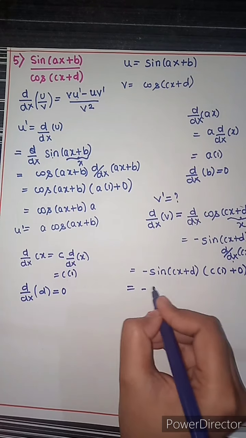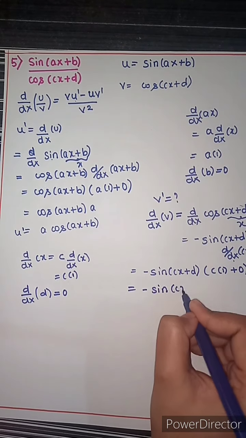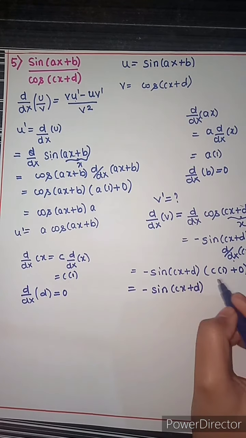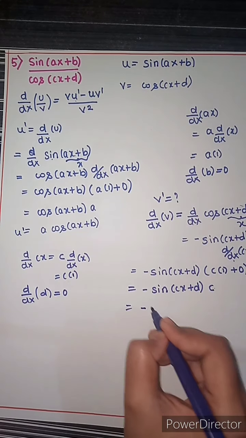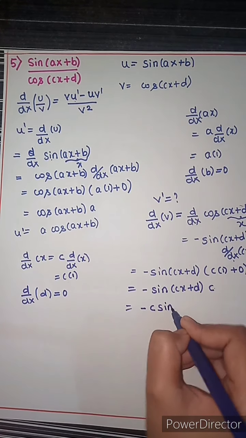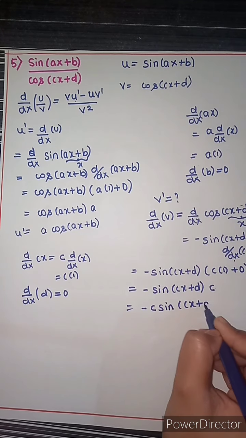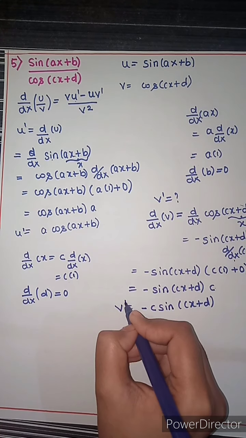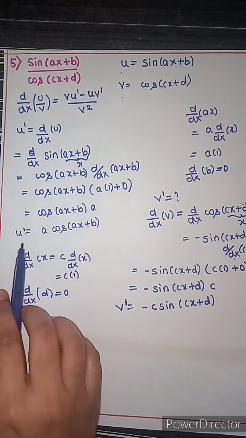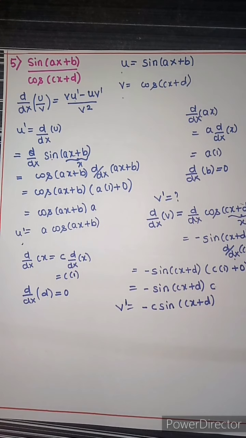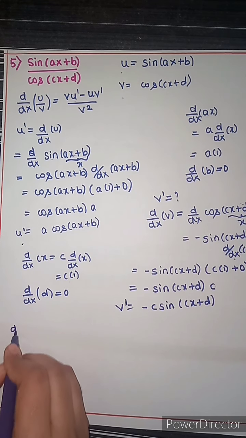Now multiply: sine of cx plus d as it is, c into 1 is c, plus 0. Now minus c sine of cx plus d. We got v dash. Now we have u, v, u dash and also v dash. Now substitute this in the formula.